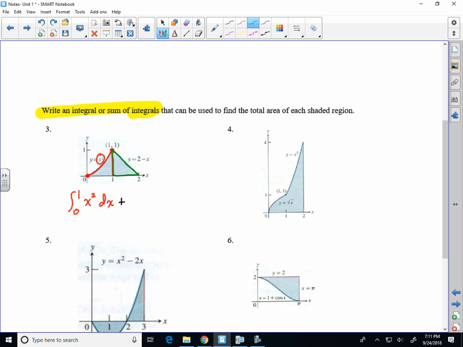Right? It didn't say write an integral and like a geometry formula. So this one is going from 1 to 2, and the relevant function, the integrand, is 2 minus x dx. And that's it.